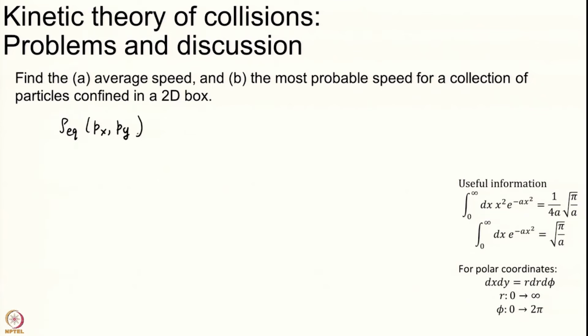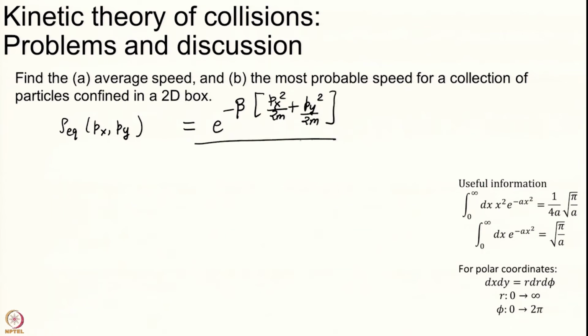I have only 2D, so I am writing only Px and Py, minus beta h, and the h here is only Px square over 2m plus Py square over 2m, and never forget your partition function.